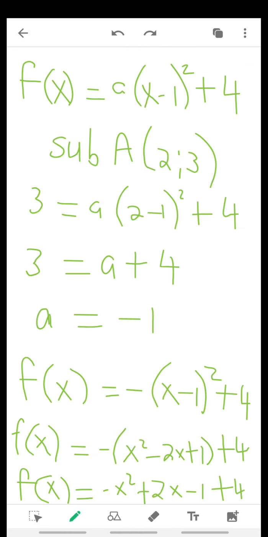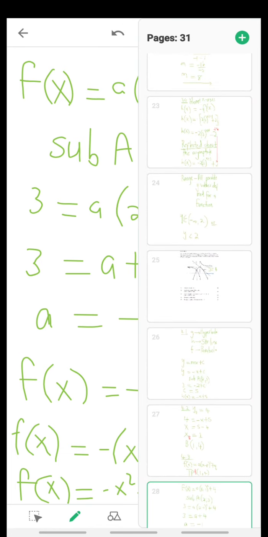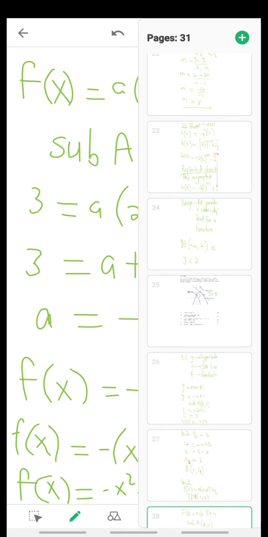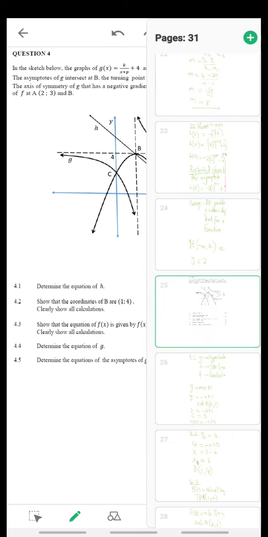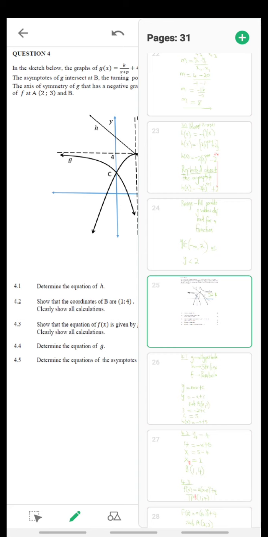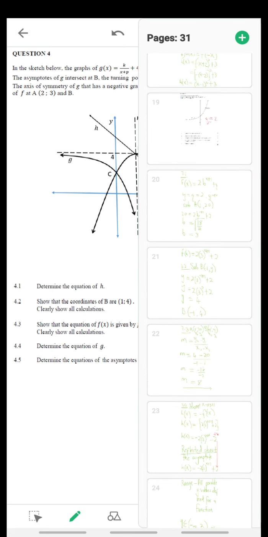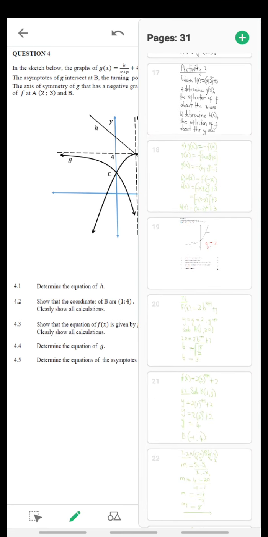This one here is the turning point form. There is also the intercept form and the standard form. This one here, which is given in the question, is the standard form of the parabolic function. So you will start with whatever form, but all the forms will always simplify to this particular form here.